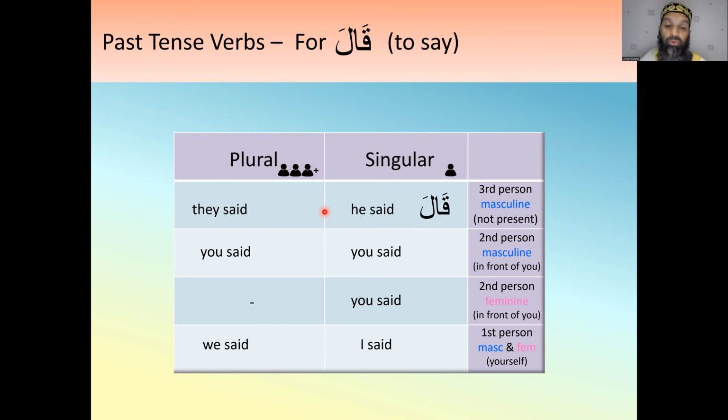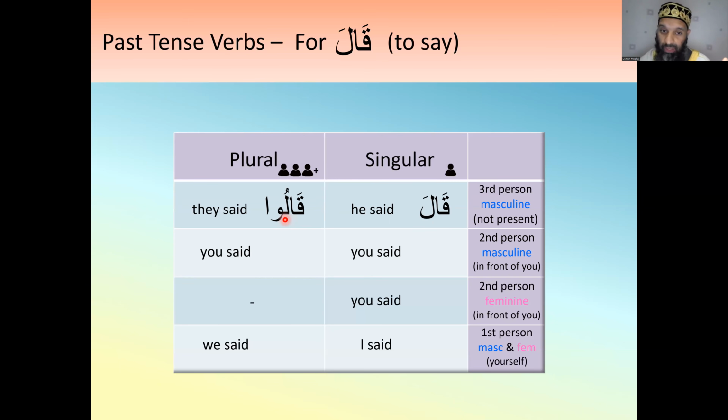Kataba becomes katabu, so qala becomes, have a guess. Good. Qalu, right? So kataba, katabu, qala, qalu. So far it's fine. It will fit. Yeah, the endings have to be the same as the other table.